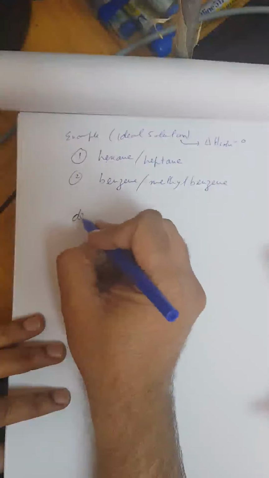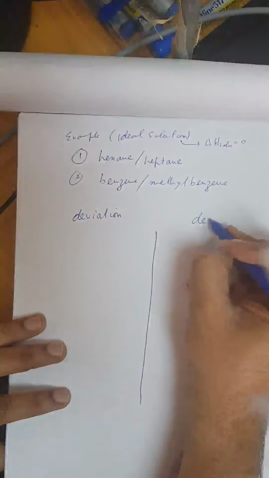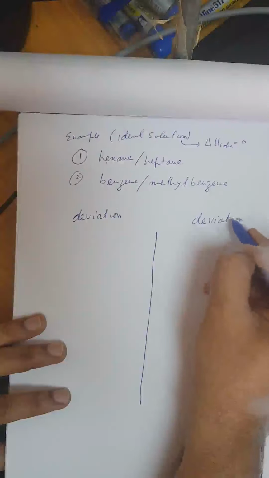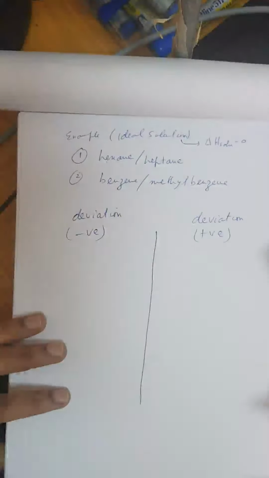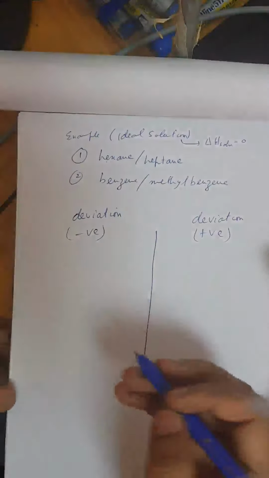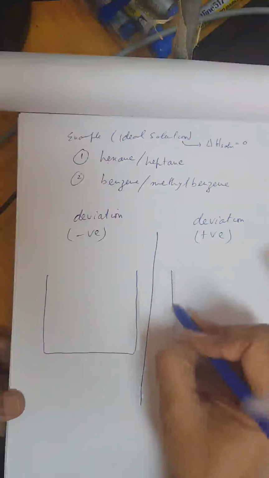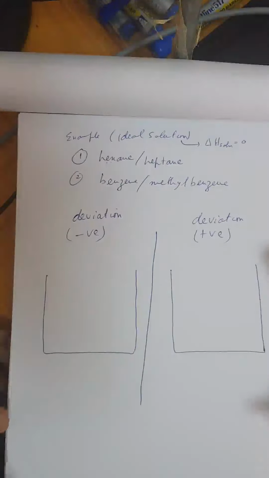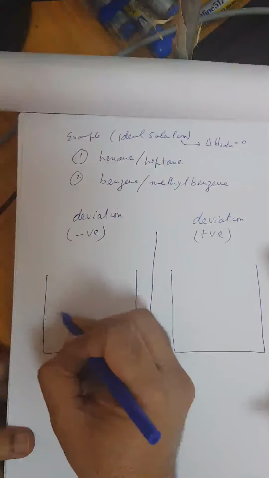We will see there are two deviations, one is positive deviation and one is negative deviation. We can draw the same diagram, x1, y1. So this is the ideal line.